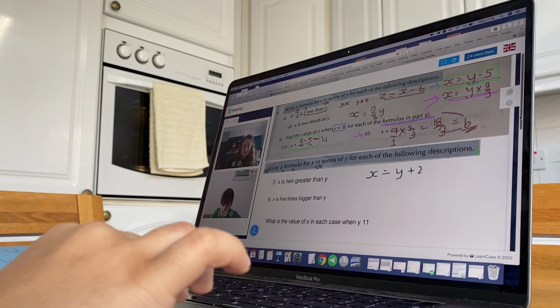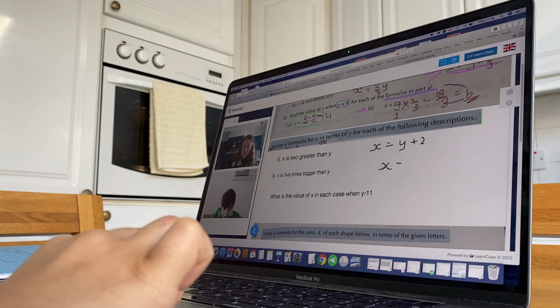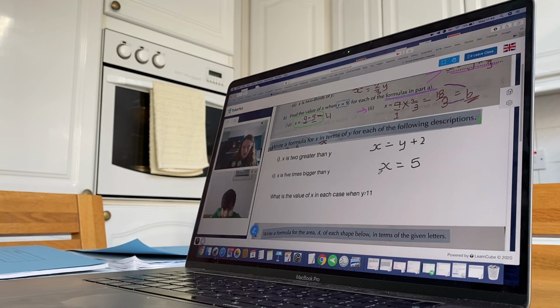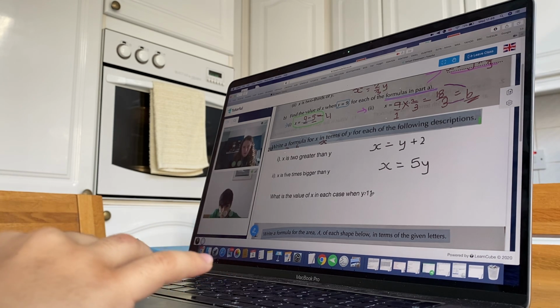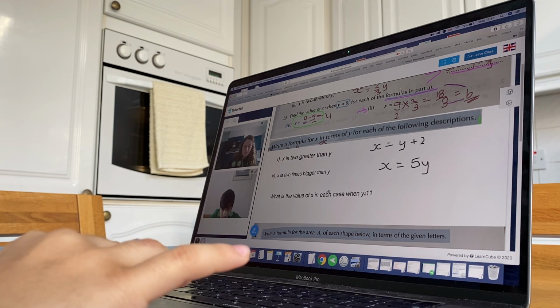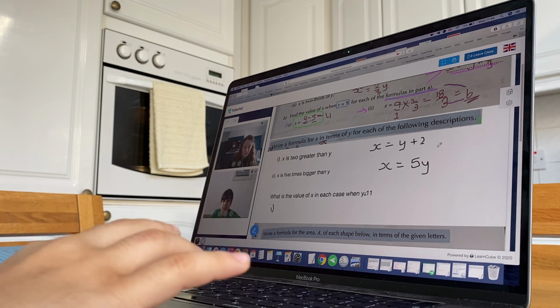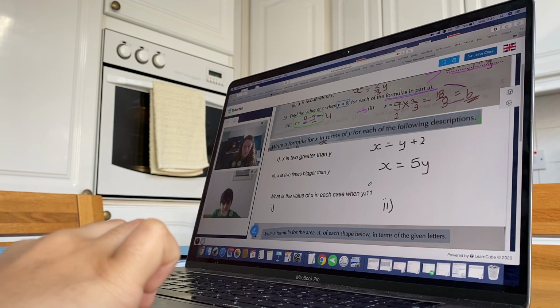There should be an equal sign in there. x equals y times 5. What is the value of x in each case when y equals 11? Okay, 6.